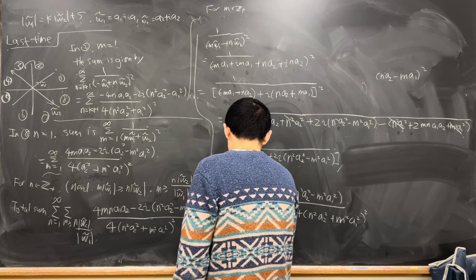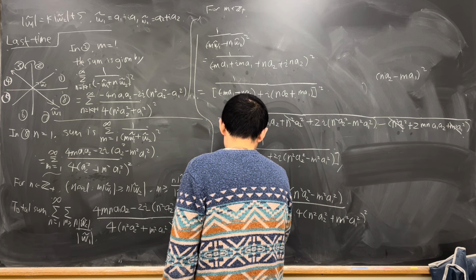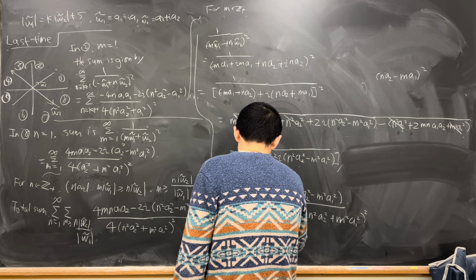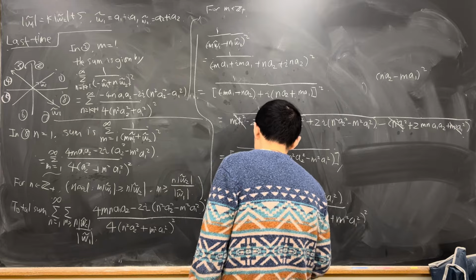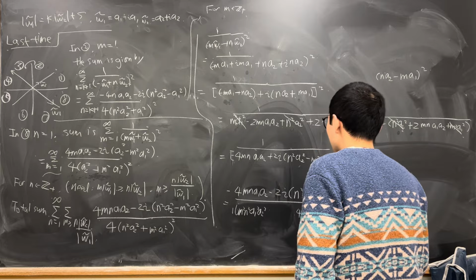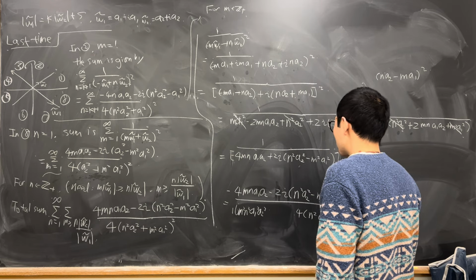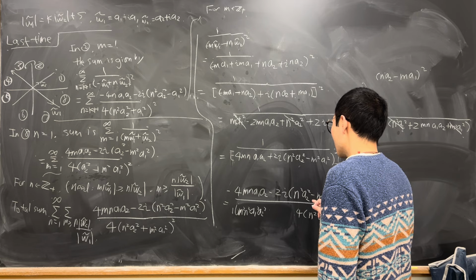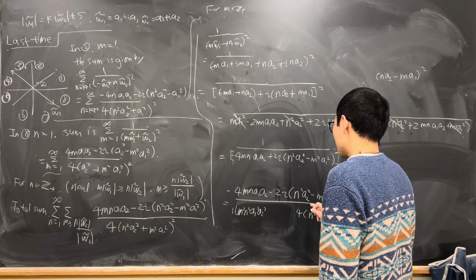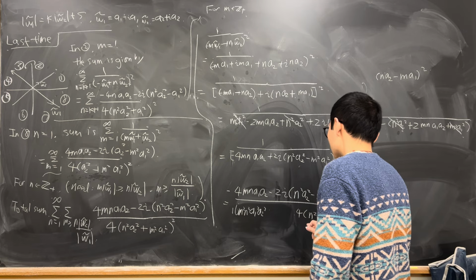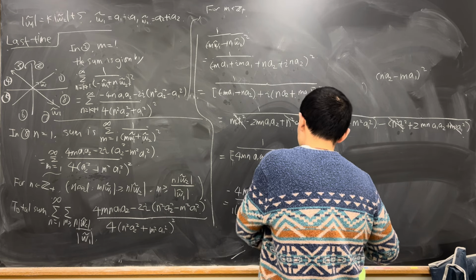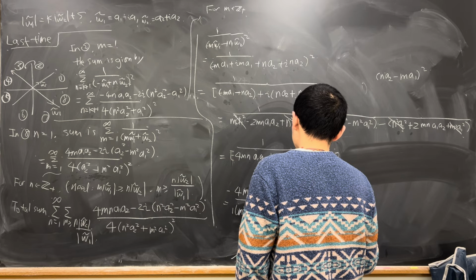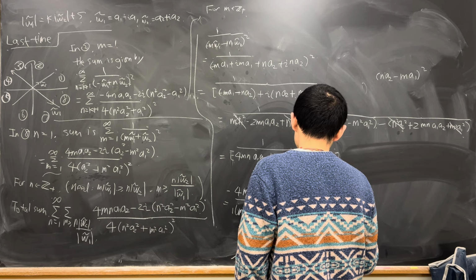It will be the same thing as 16 m squared n squared a1 squared a2 squared, okay. And then if you multiply by the conjugates, the last term becomes -4, +4, right?